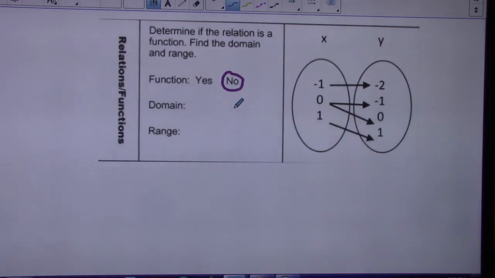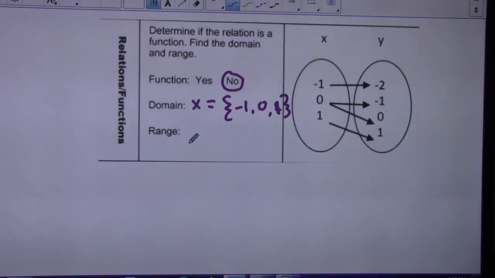Set notation is really good for this. It's going to be -1, 0 and 1. So that's our domain.